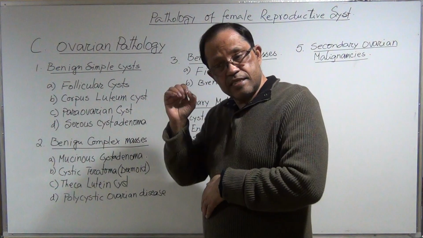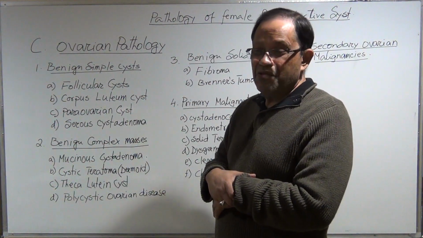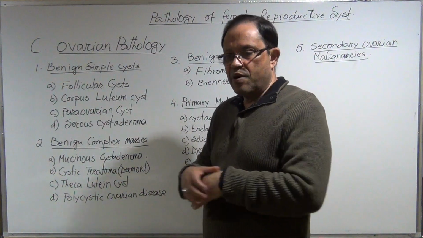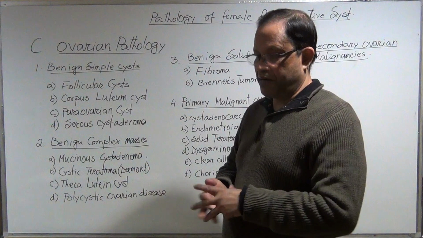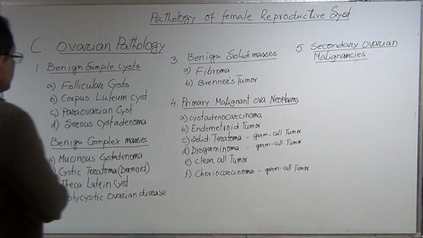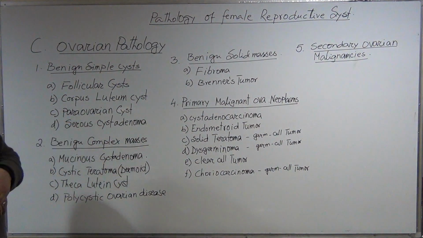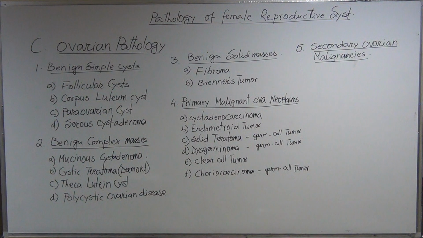No, it is simple like, and usually it is unilateral, about 80 to 90%, but it could be bilateral, 10% to 20%. Okay, so this serous cyst adenoma falls into the benign simple cyst.